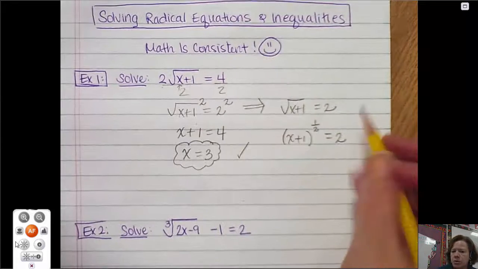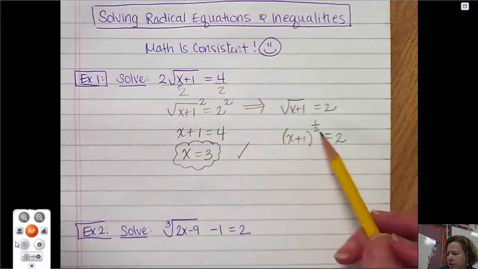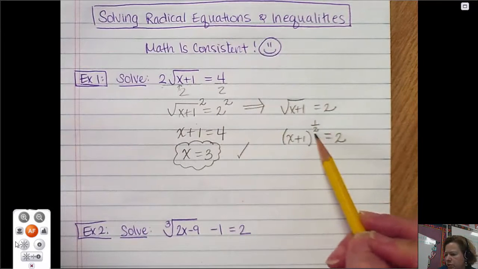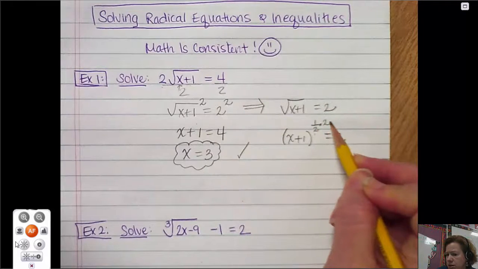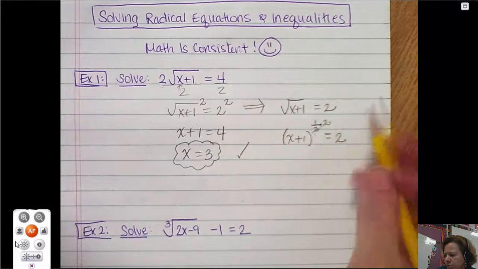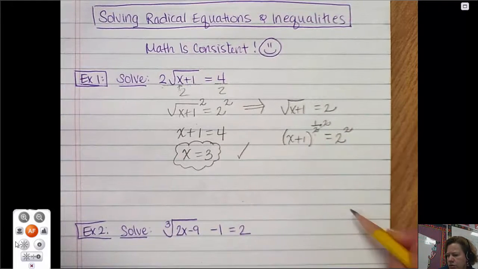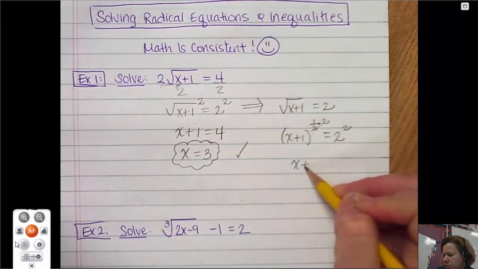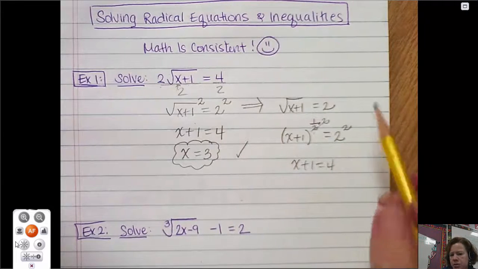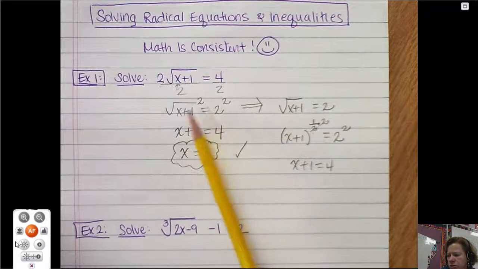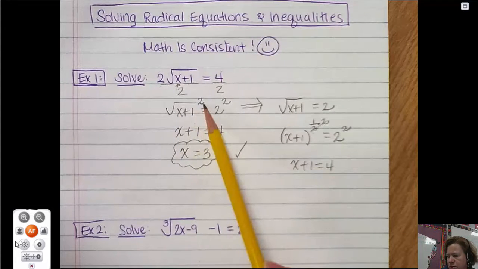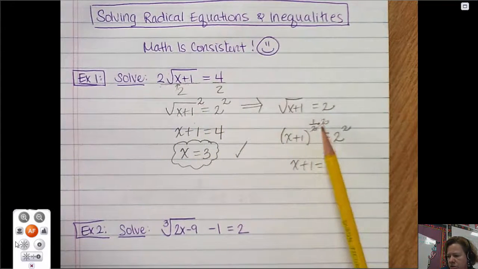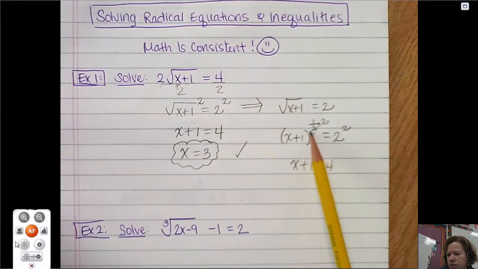And then remember what we said the other day, you would multiply by the reciprocal of that 1/2, which is 2, to make it go away. And what you do to one side, you do to the other. So you're raising both sides to a 2. And you end up with your x plus 1 equals 4, either way. So you can know to undo square rooting by squaring, or you can change that square root to an exponent of 1/2, and then raise it to its reciprocal.